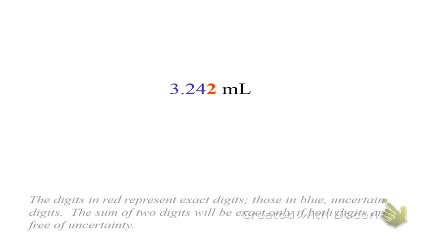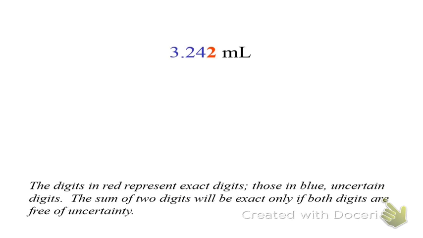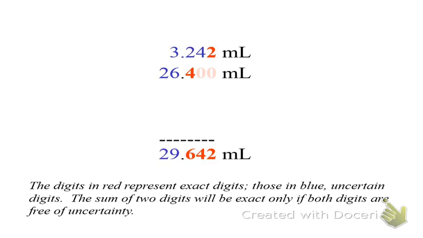So you would line them up on the decimal. Okay, the red number is where the uncertainty begins. So you basically have uncertainty in two different locations. Lining them up on the decimal, bringing them down. Anything that is added to a red number is contaminated red, okay?